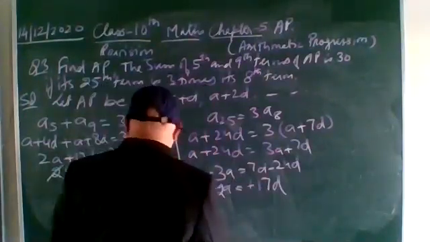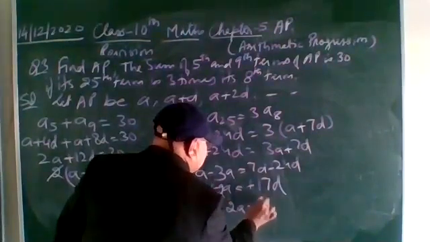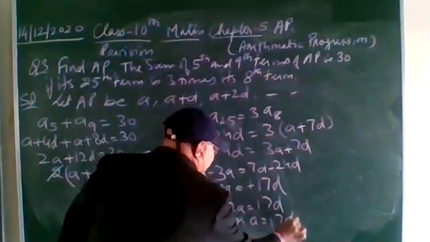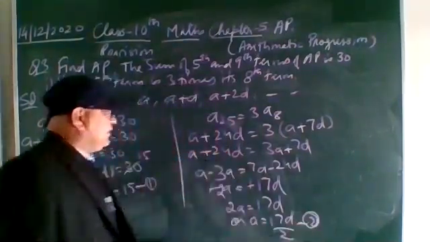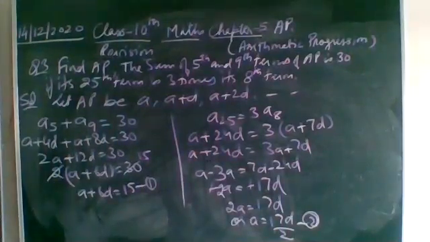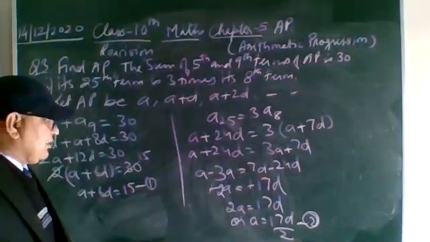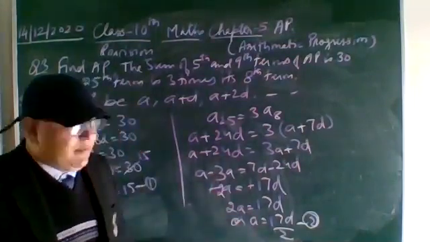So 2A equal to 17D, or A equal to 17D upon 2. You can put the value of A or you may get equation number 2. It depends on you how you want to solve. You can form an equation also.